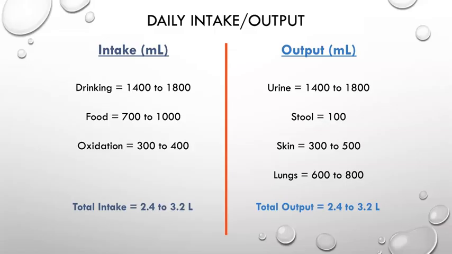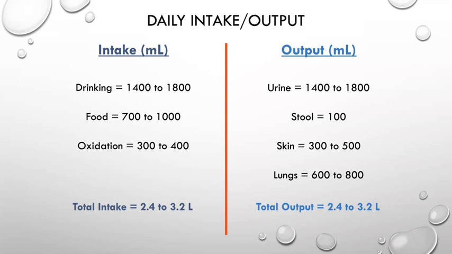Daily fluid intake comes from drinking water or other fluids, eating food, and metabolic oxidation. This totals around 2.4 to 3.2 liters in an adult. You can see the breakdown between drinking fluids, eating food, and oxidative processes here.